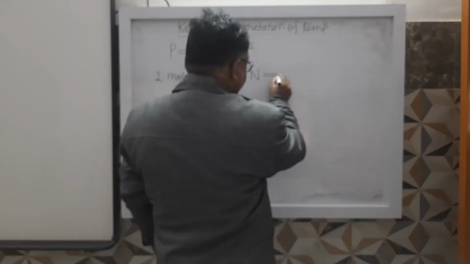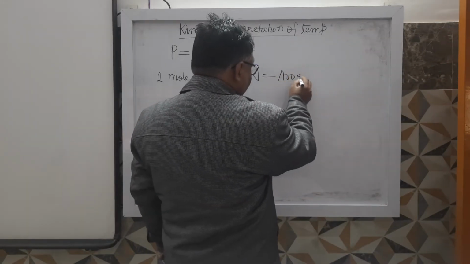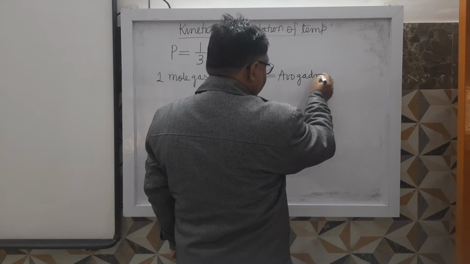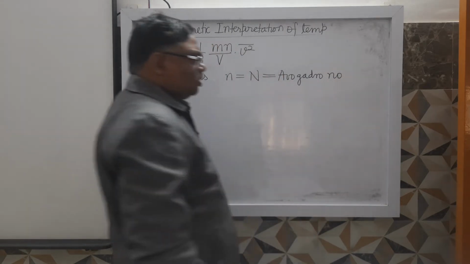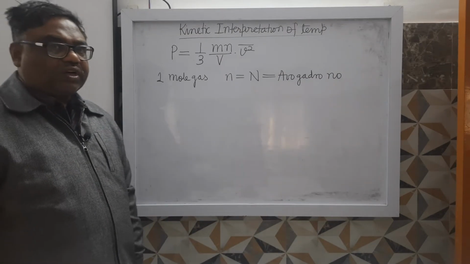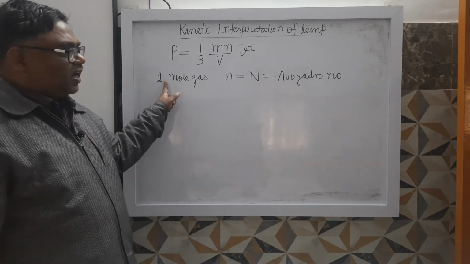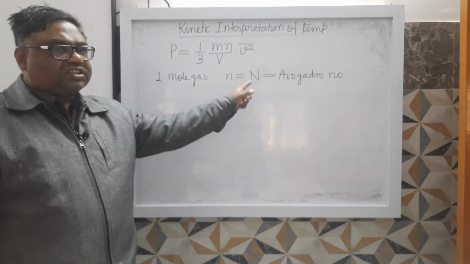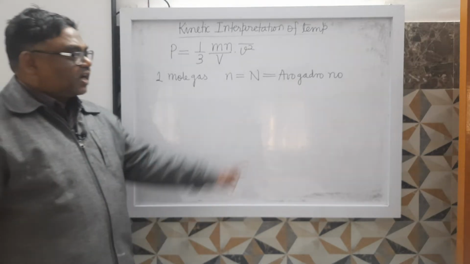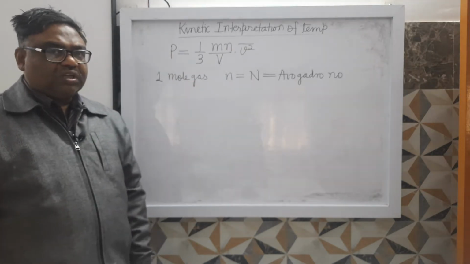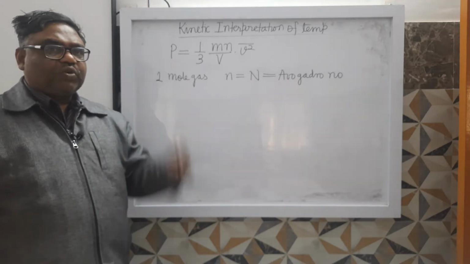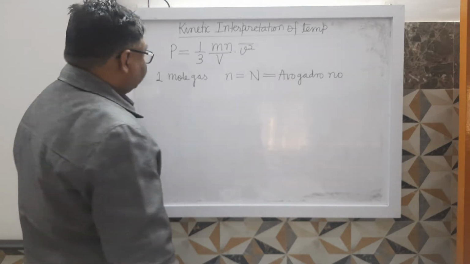Capital N, which is called the Avogadro number, which normally in calculation we take as 6 into 10 to the power 23. It's clear? Means if you take 1 mole of any gas, it will consist of capital N number of molecules. 6 into 10 to the power 23 molecules will be there.